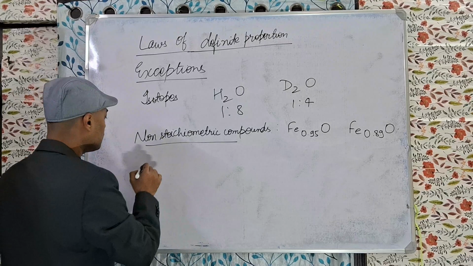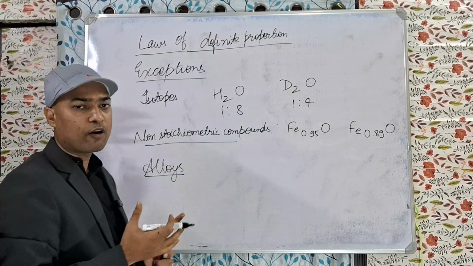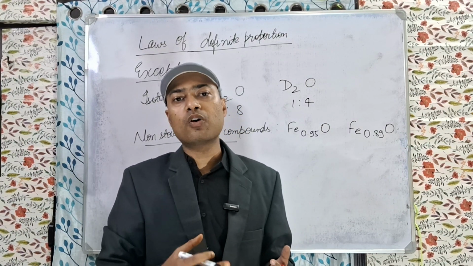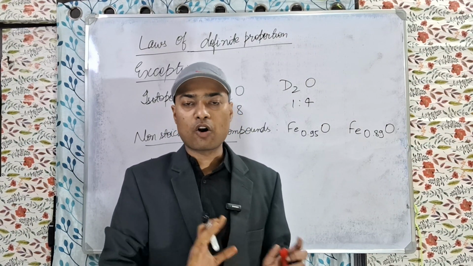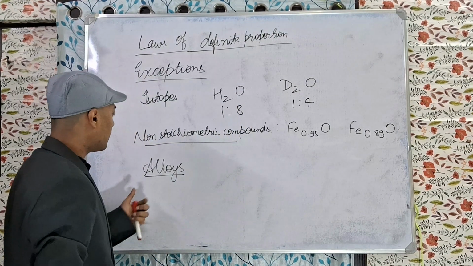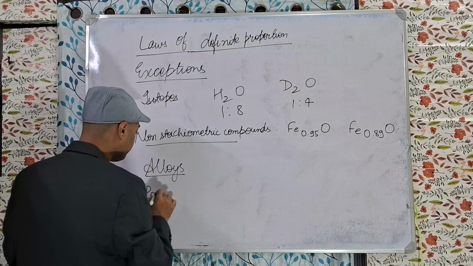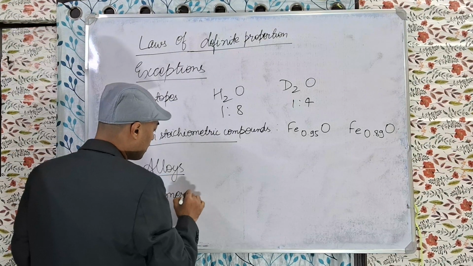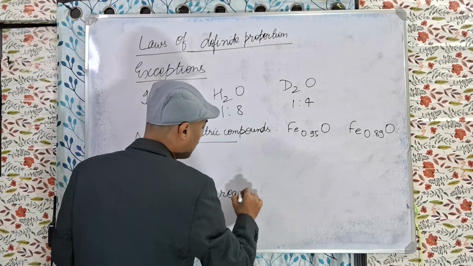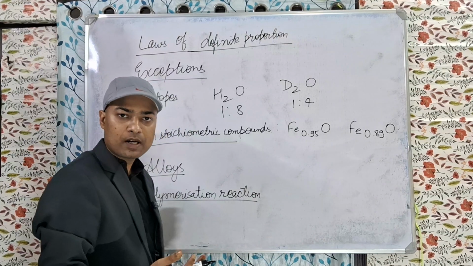Third one is alloys. We have already talked, alloys are basically homogeneous mixtures of metals. Anyway it is a mixture, so it should not follow the law of definite proportion, that is quite genuine. After that, polymerization reaction. In a polymerization reaction you can take as many monomers as you want.